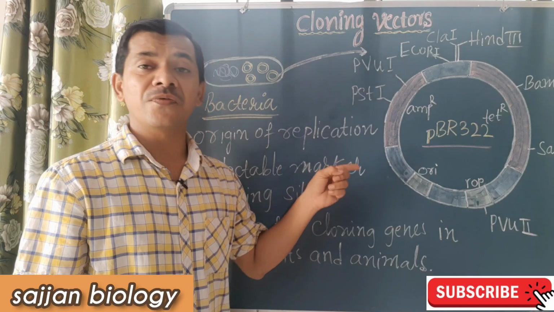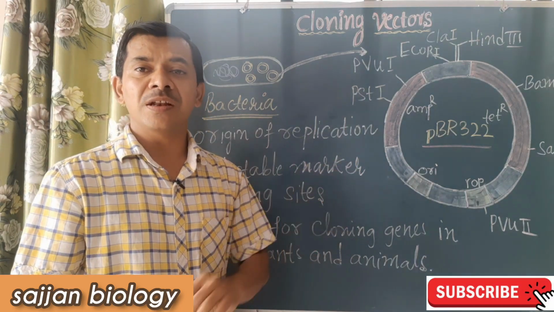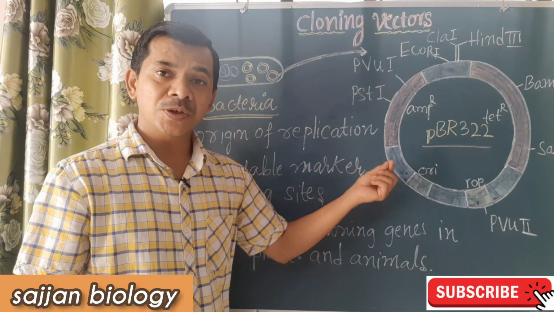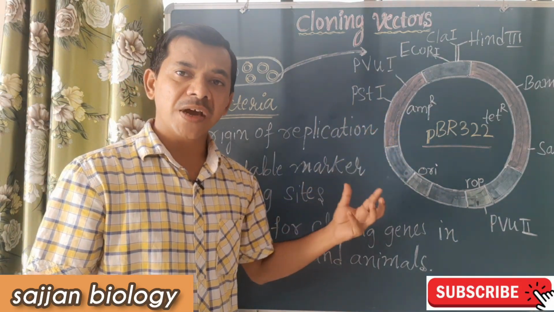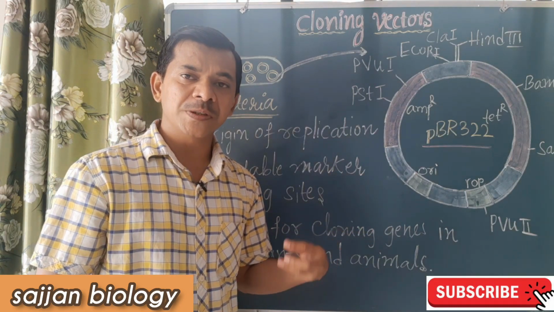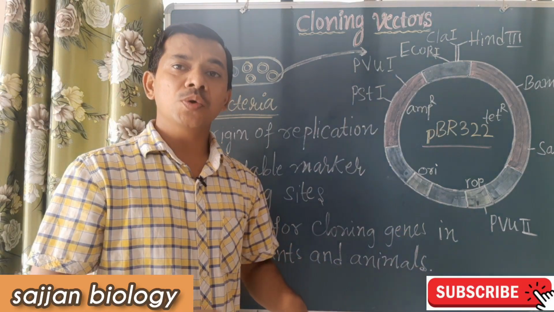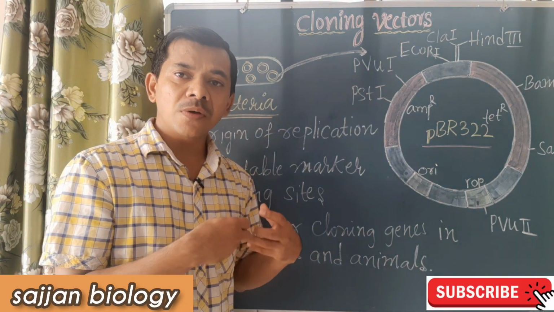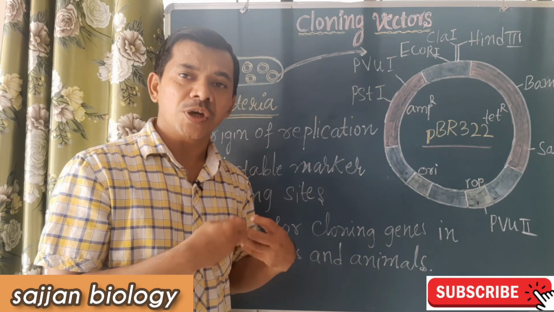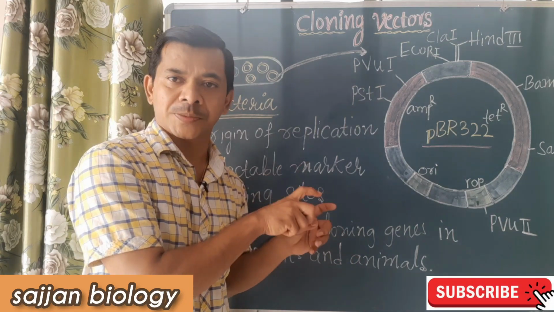This origin of replication site also controls the copy number of the linked DNA. Actually each plasmid produces a specific number of copies. So one who wants a higher number of copies can choose the particular vector or plasmid which supports a high copy number.